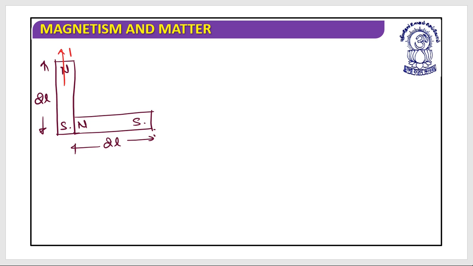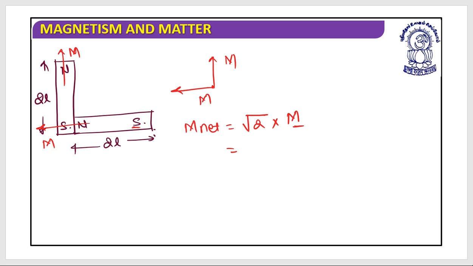That could be written as m for here, and this is south to north, so m for here. So for the first it's something like this, for the other it is over here. So this m net would be root 2 into m, and in certain options m was not given, so what you need to do is replace this with this m and this l.